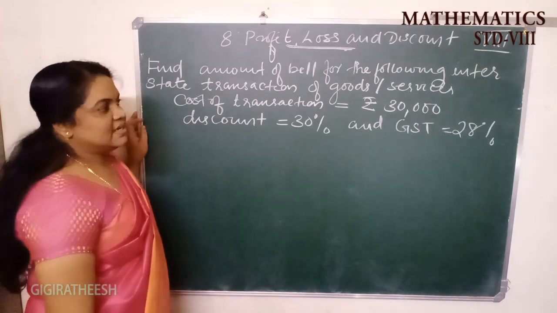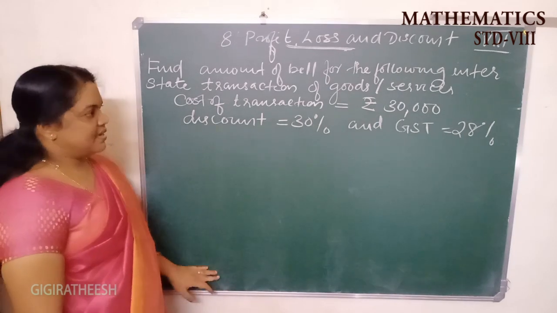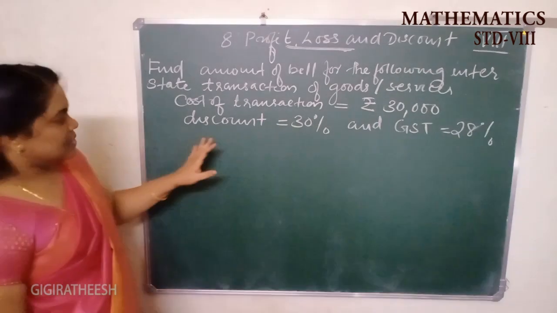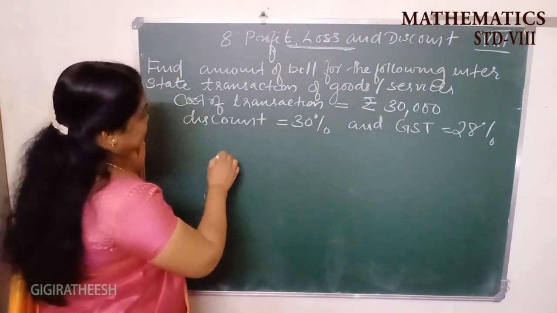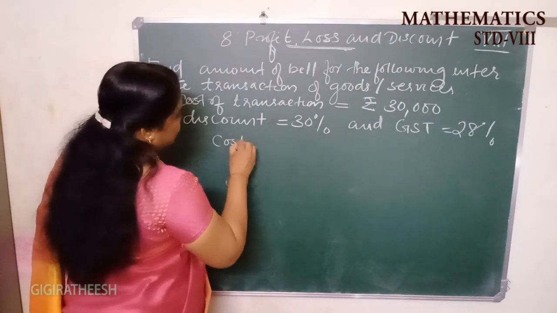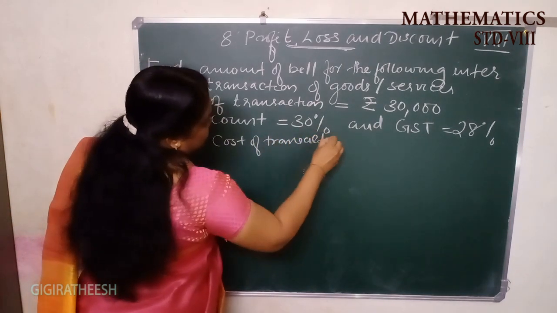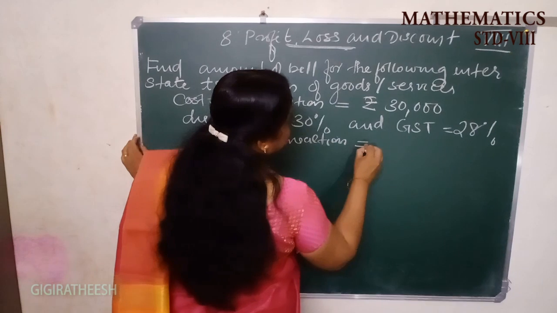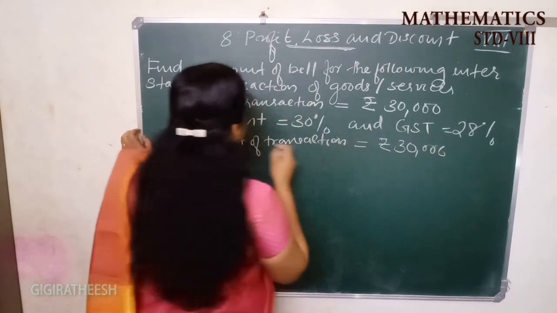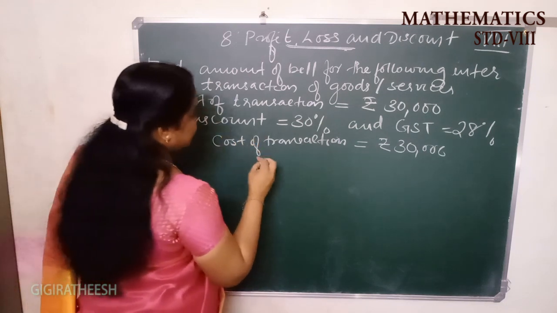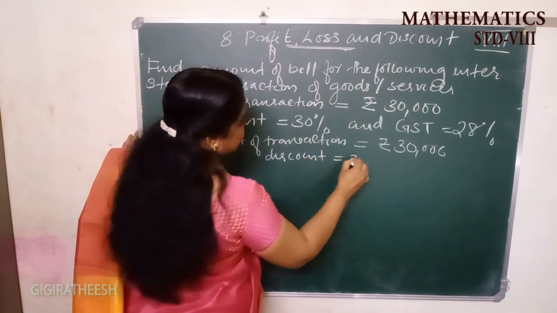You know that for an interstate transaction, we find IGST. Here the cost of transaction is equal to rupees 30,000, and the discount is to be calculated, which is 30%.